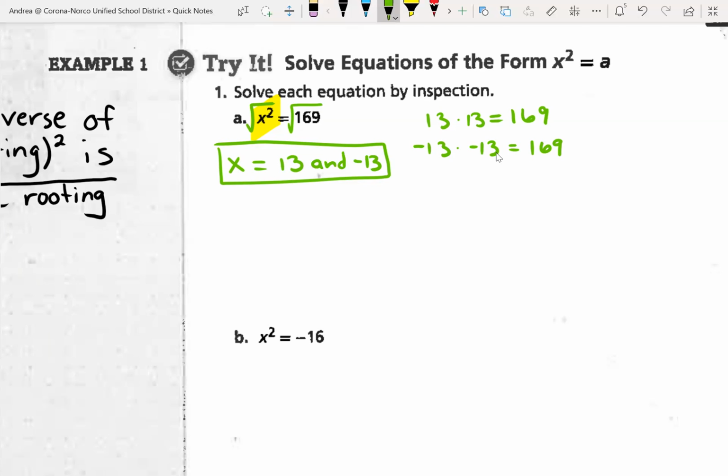When you square root a number, you should have a positive value and a negative value of it because you don't know which number you used.